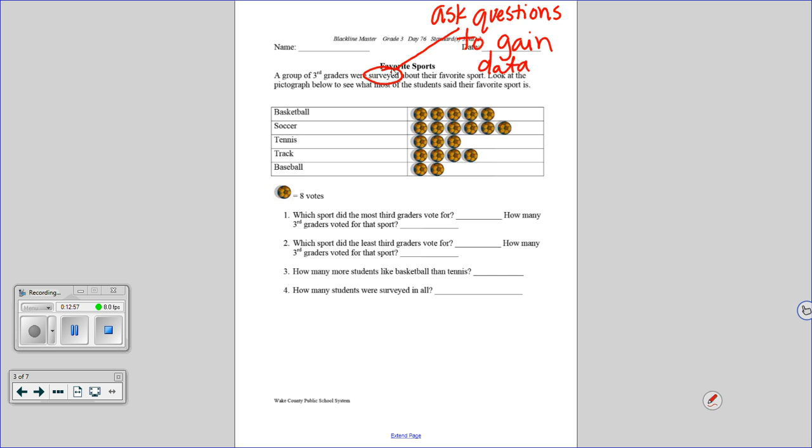Because if I am standing at the door and I say, hey Lindley, how are you doing? I'm not surveying Lindley, I'm just asking her a question. I'm just talking to her. But if I ask every single one of you, did you do your homework as you come in the door? I'm asking questions to gain some data. Yes or no, did they do homework last night? Does that make sense?